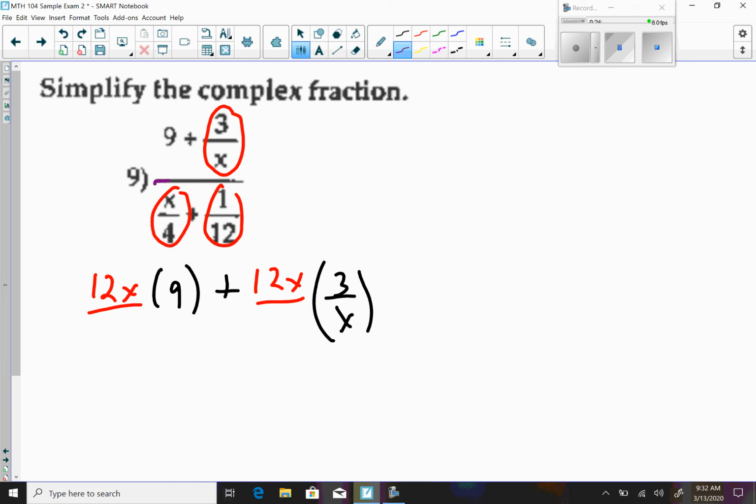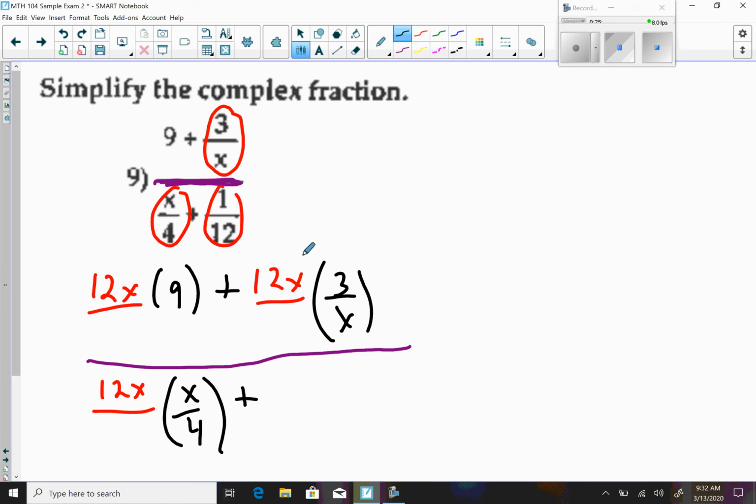Then we have this division symbol, purple, copy that. Then underneath the purple, we're going to write the common denominator times x over 4, and then a plus the common denominator times 1 over 12.